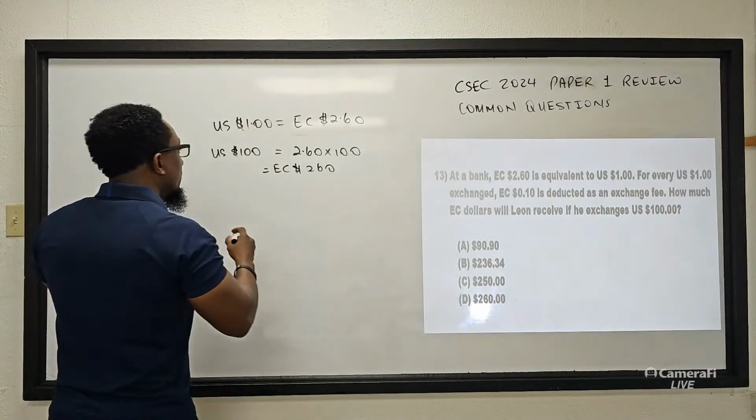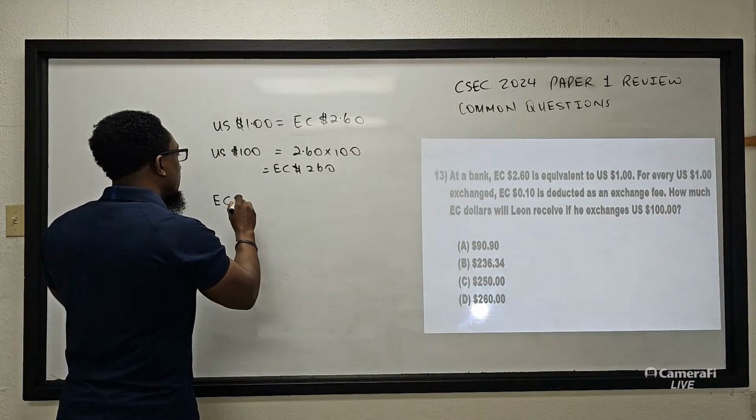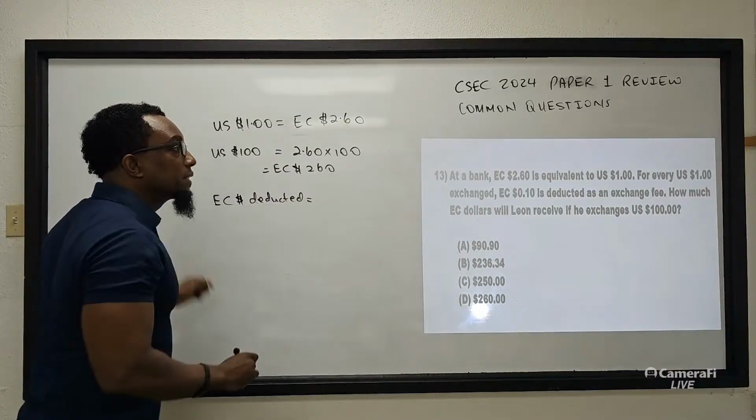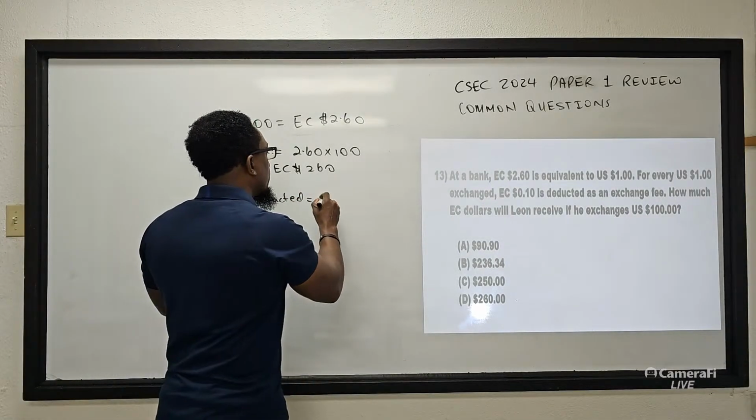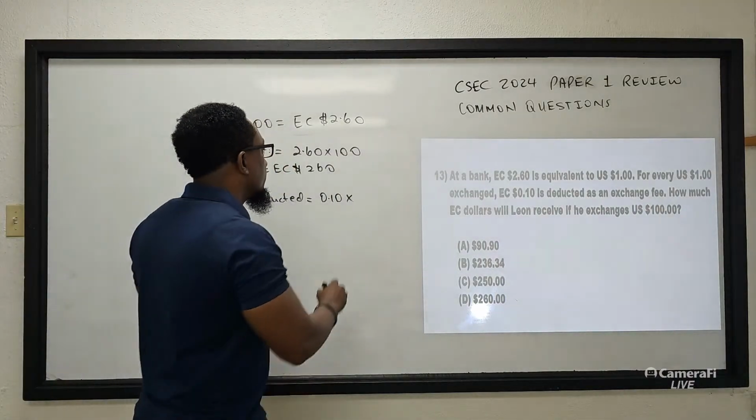So the EC dollars deducted will be to multiply 10 cents by 100 US.